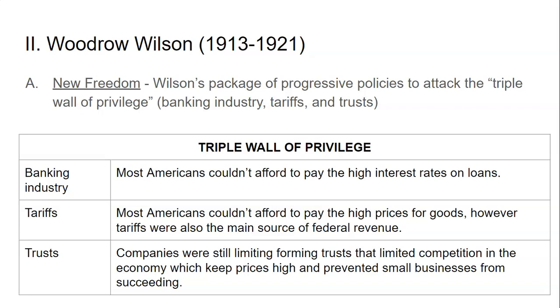Tariffs would be the second wall, and this is because tariffs are a tax on an imported good, but they tend to make all goods prices higher, and this is bad for the consumer. And then the other wall of privilege were trusts. These are monopolies and trusts that are limiting competition in the economy, as well as keeping prices high and preventing smaller businesses from succeeding, like the average person's small business.